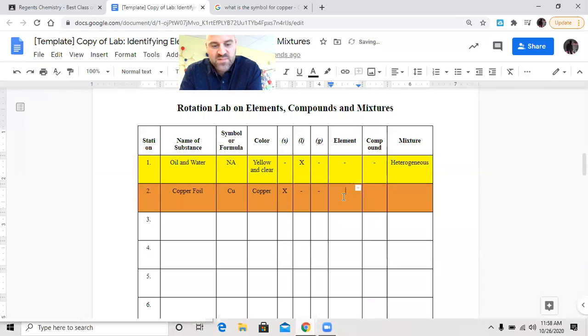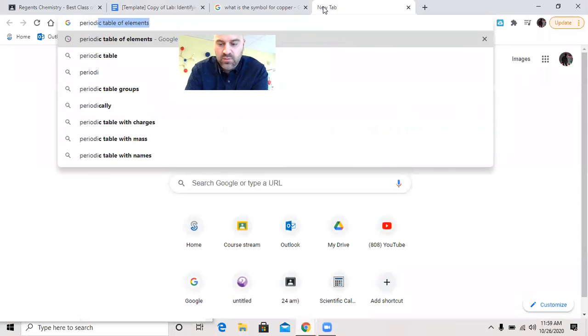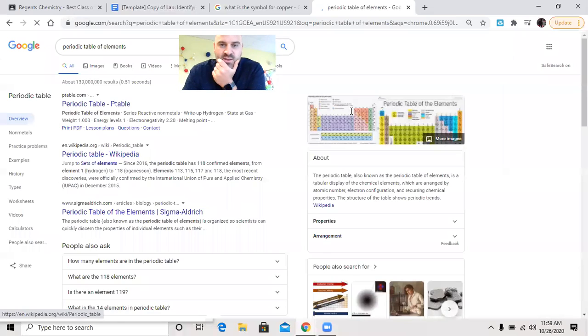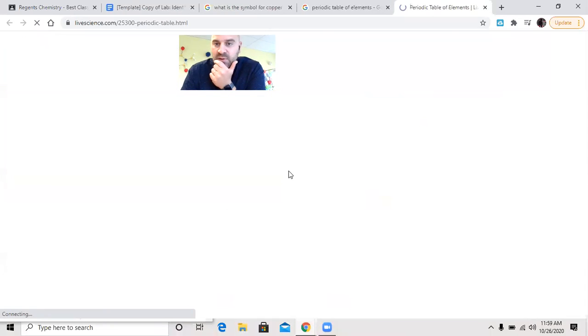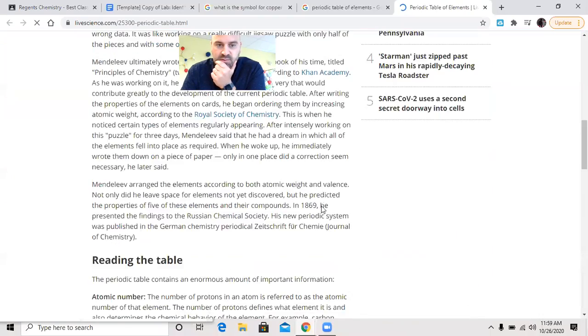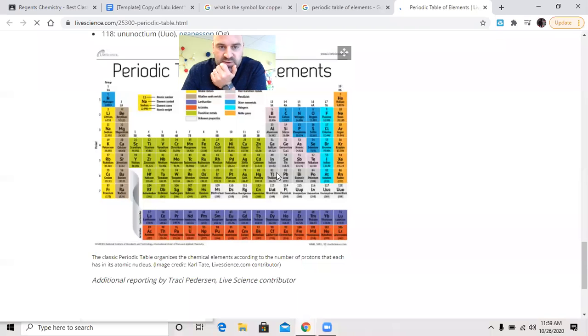Yeah, it's going to be an element. Not a compound, not a mixture. Another thing to analyze: copper has just one symbol, and it's also going to be on the periodic table of elements. If it's on the periodic table, it is going to be an element. Copper is Cu.